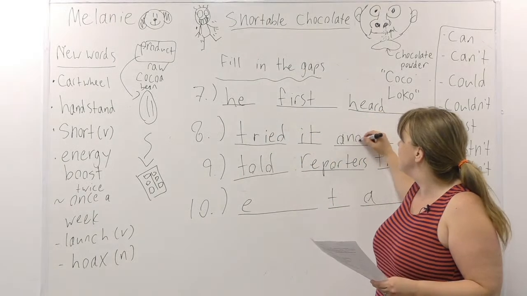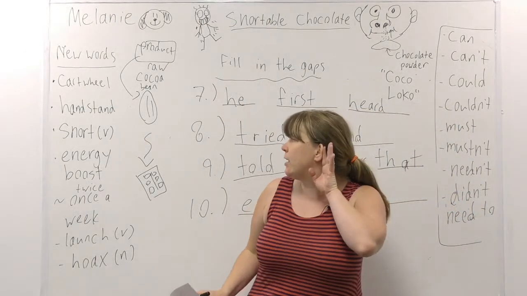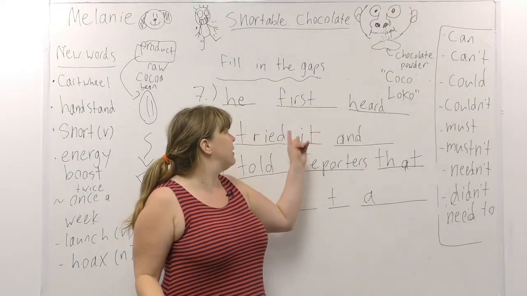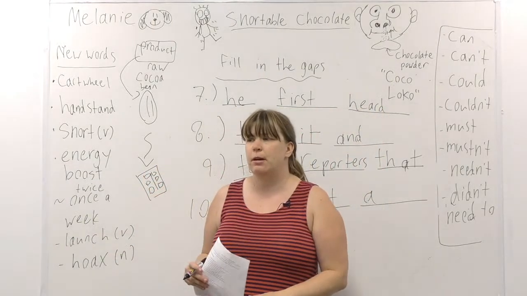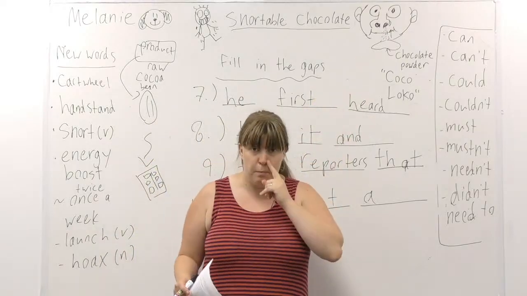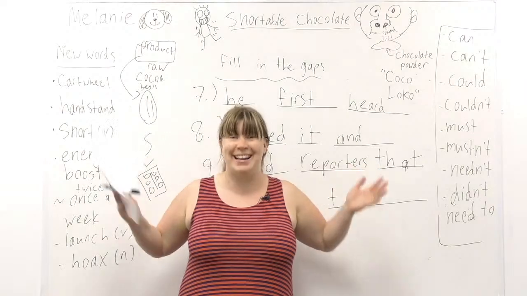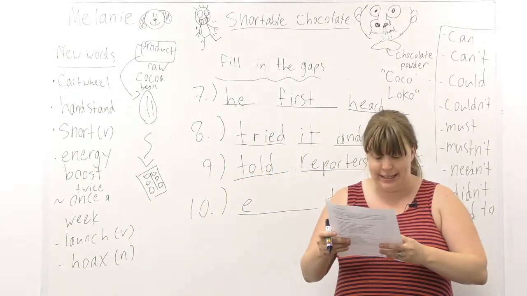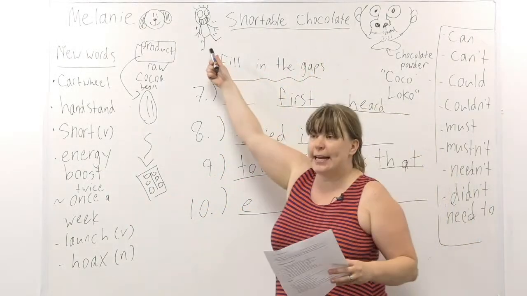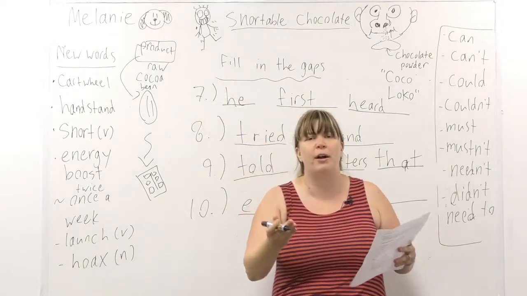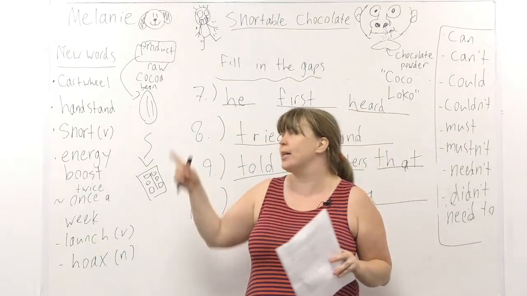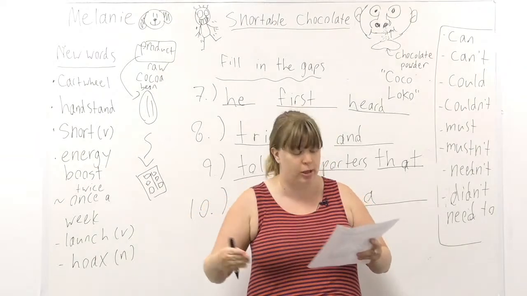And so basically he heard about this in Europe and he thought it was fake. But then he tried it. So he tries this chocolate and he's like, whoa, oh my God. So he seems to like it. So he can sell it. It has commercial prospects. He's like, wow, I can sell this chocolate.